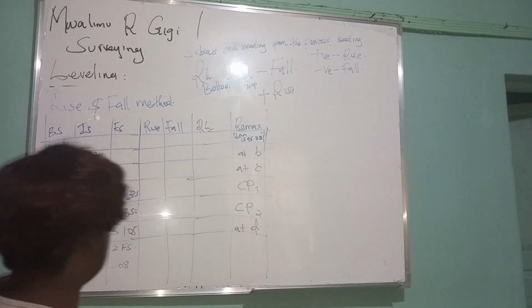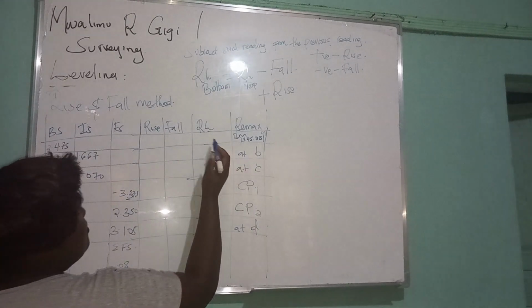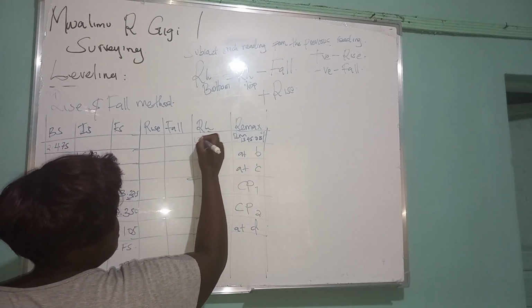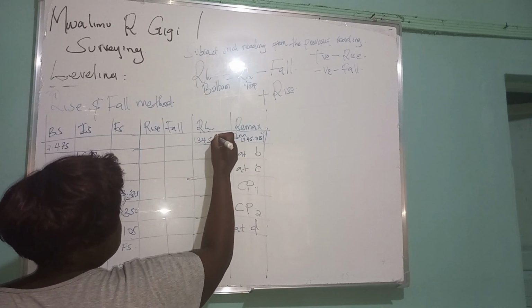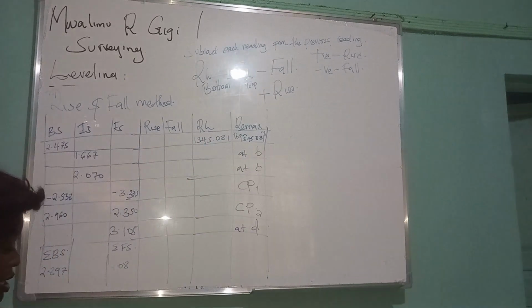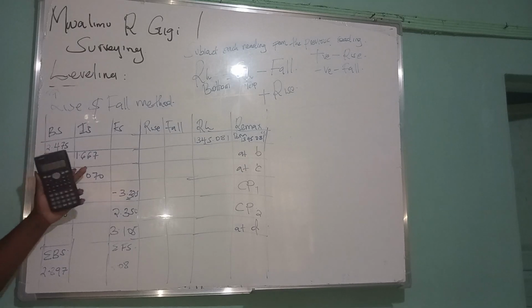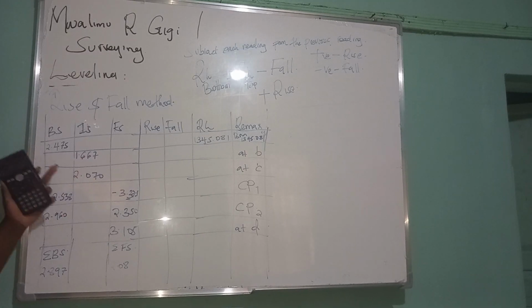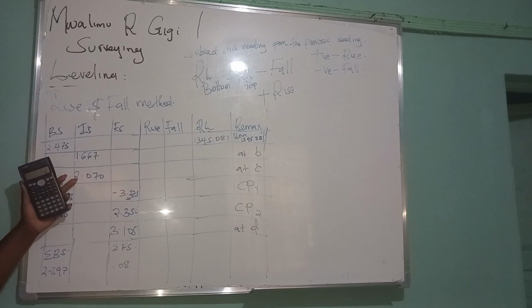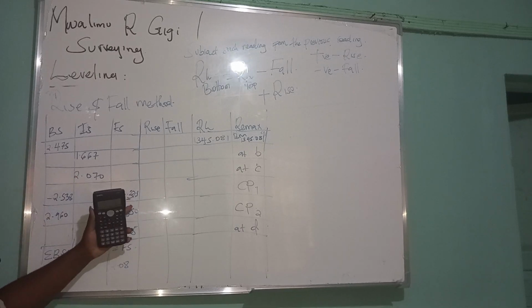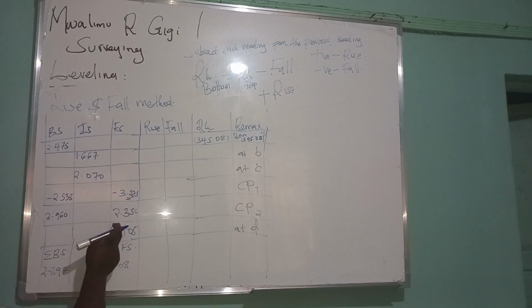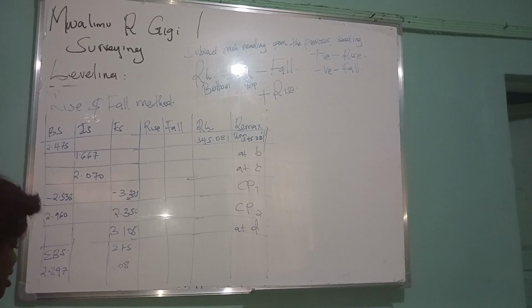So we have said that at the BM, we have the reduced level as 1345.081. So we want to get the rise or a fall. So we subtract the backside minus intermediate side, intermediate side minus foresight, backside minus foresight.